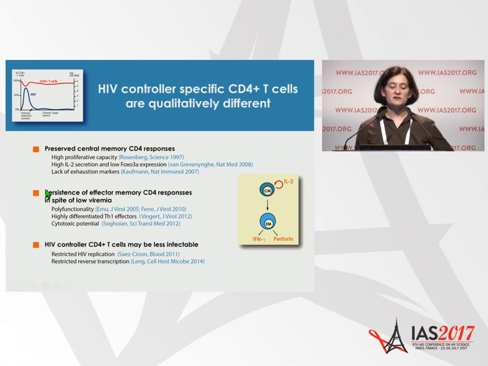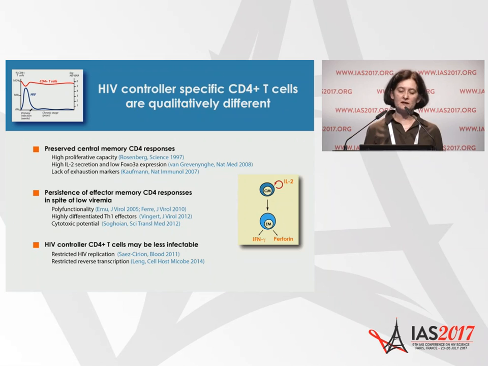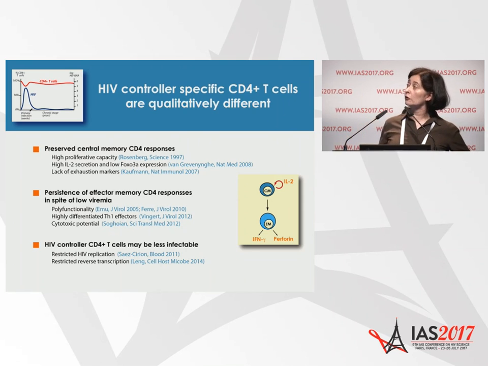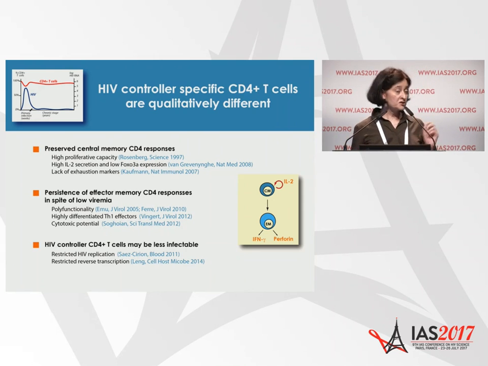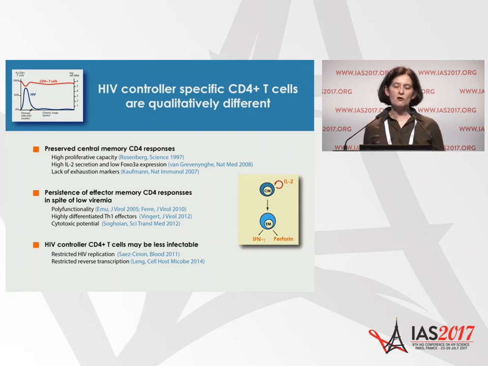They do have preserved central memory responses associated with high proliferative capacity, high IL-2 secretion, low FOXO3A expression, and lack of immune exhaustion markers. But this is not unique to the controllers, because patients treated early in primary HIV infection do have these responses. And also, patients treated in the long term do recover proliferative CD4 responses.